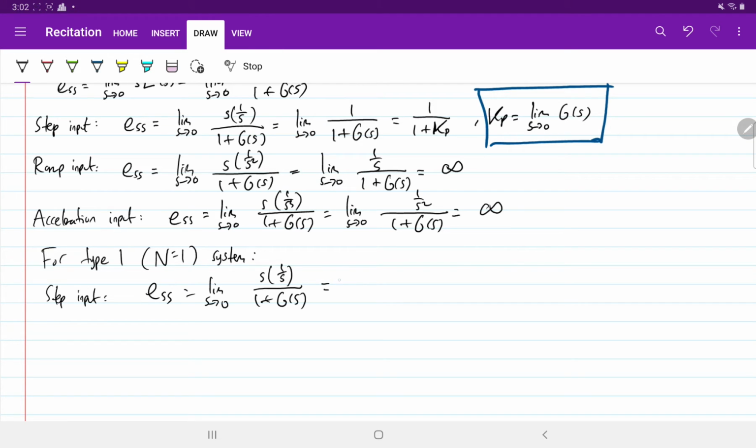Okay, limit s to 0 1 over 1 plus g of s.